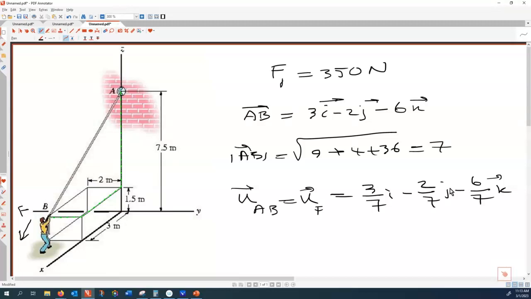All right, so the next thing is, how do I express force as a vector?